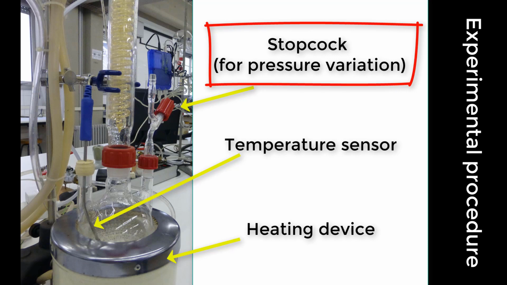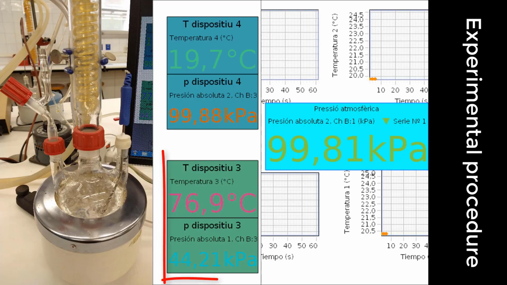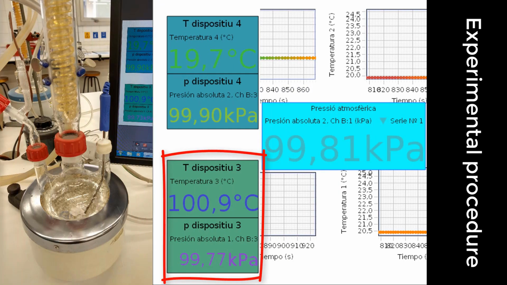The display will then show us in situ the new values of pressure and temperature. The experiment can be repeated as many times by changing the value of pressure through the stopcock valve.